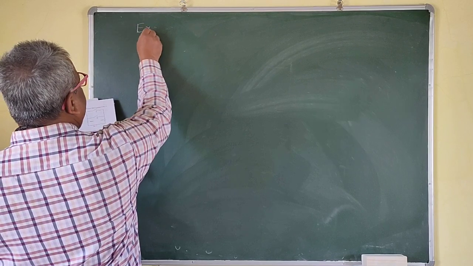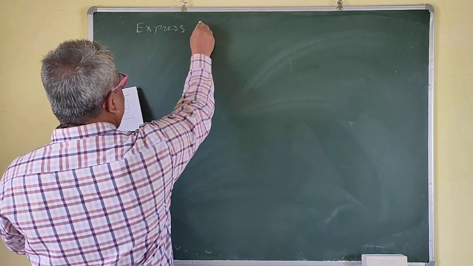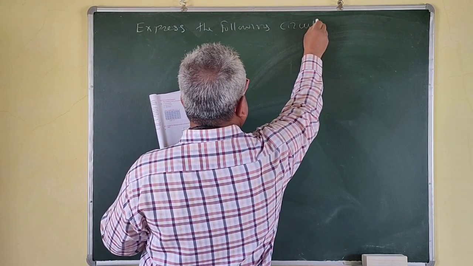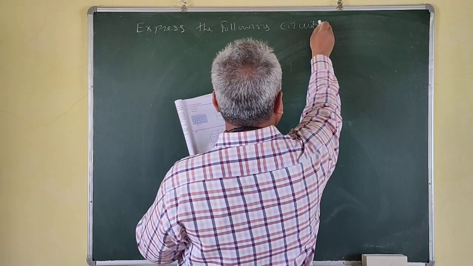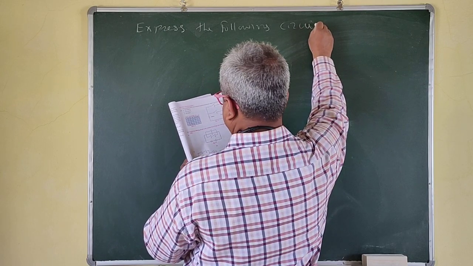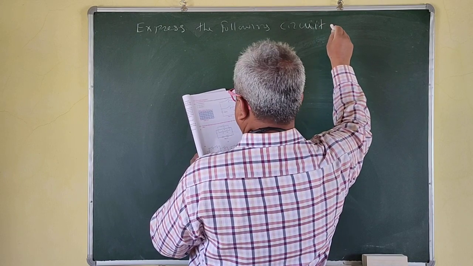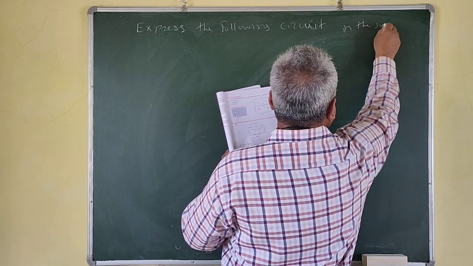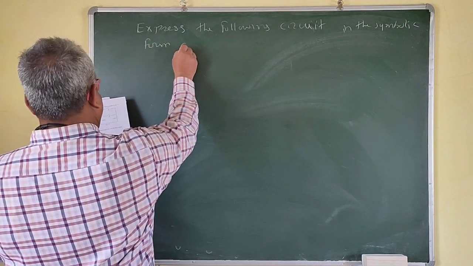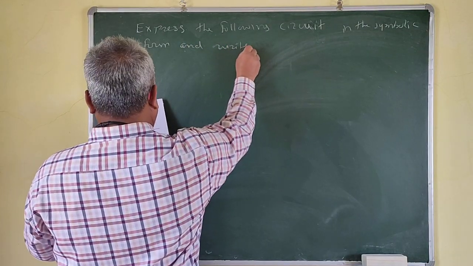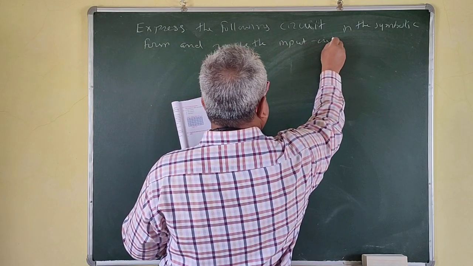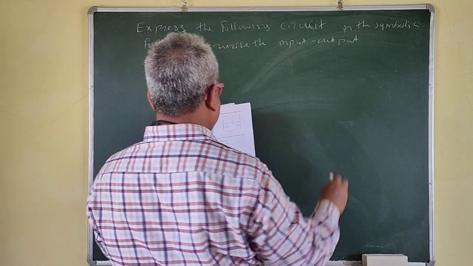Okay, so we'll take the problem. Express the following circuit in the symbolic form, and write the input and output. Input output means truth table, input output table.